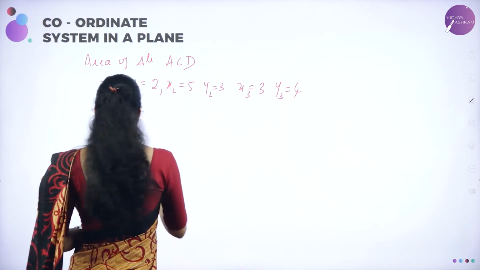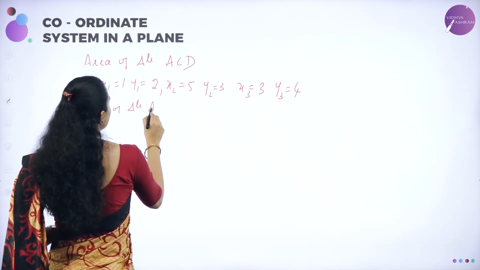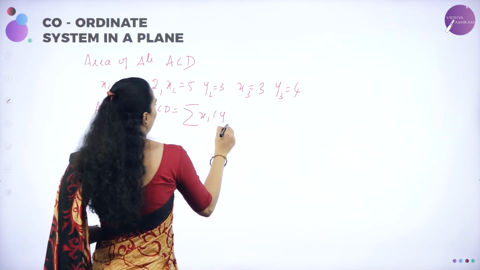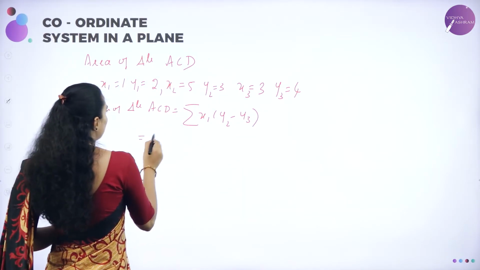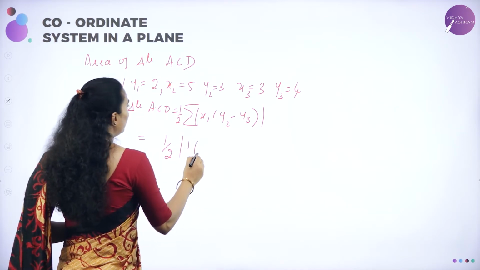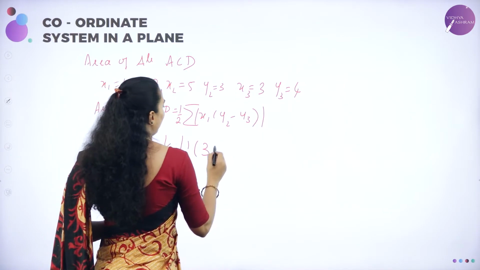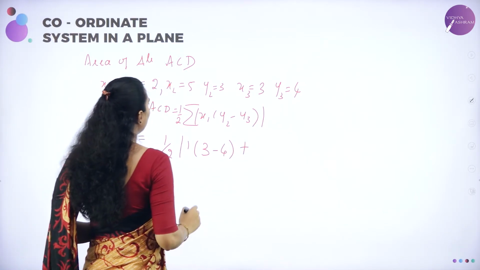Now the same formula you are applying. What is that? I am going to write area of triangle ACD is equal to summation of X1 into Y2 minus Y3. Correct? So let me write accordingly. Half into modulus of X1. X1 value is 1 into Y2 minus Y3. Y2 is 3 minus 4. Similarly, plus X2 into, what is X2?